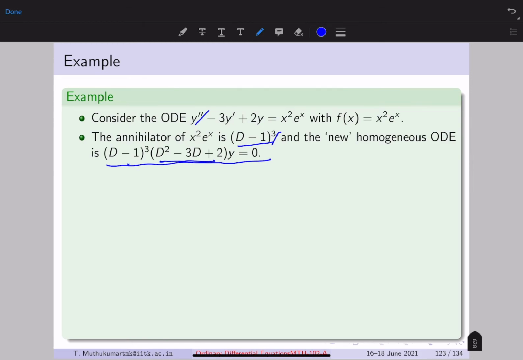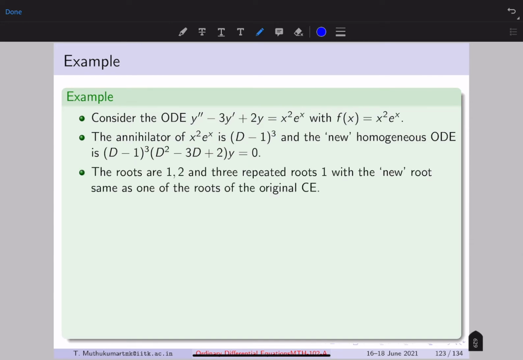And what are the roots here? There's already 1 here which is repeated thrice, so there are 3 roots of 1 here, and then the roots of this quadratic equation which are 1 and 2, right? So you have 1, 2, and then 3 repeated roots of 1 from here. So you actually have 4 roots 1. So 3 roots of 1 here and 1 here. Okay. And then there is a root 2.